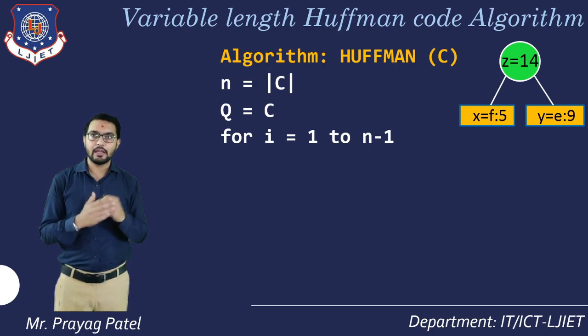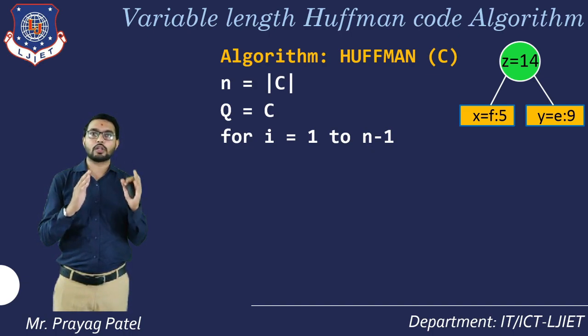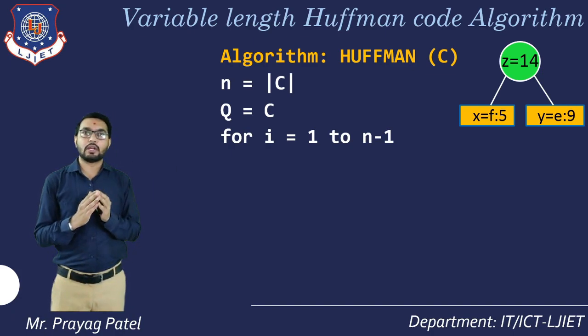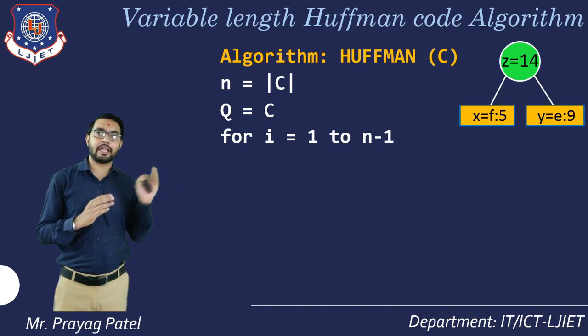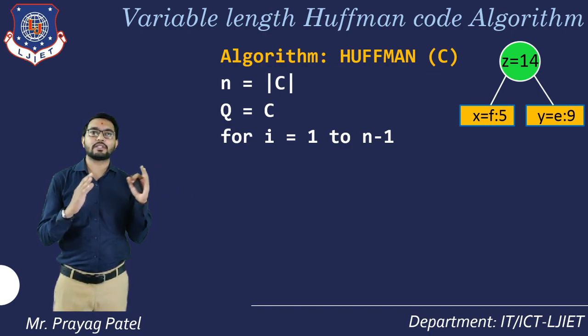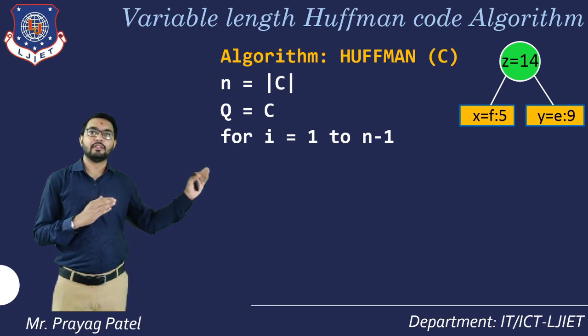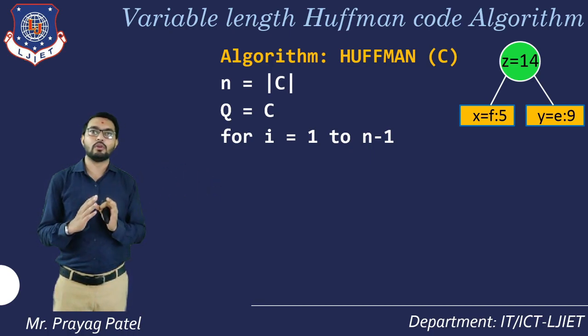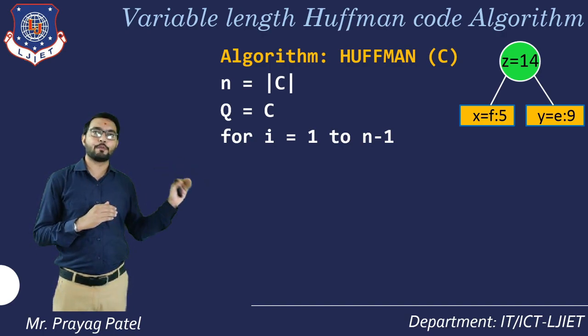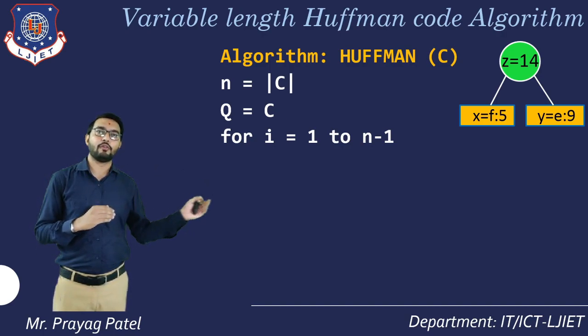What is the value of n? n equals 6 because there are 6 different characters. We write n minus 1 because of how many merge operations are done for 6 different characters. We can say there are a total of 5 additions or 5 merge operations. So the loop runs from 1 to 5 only.